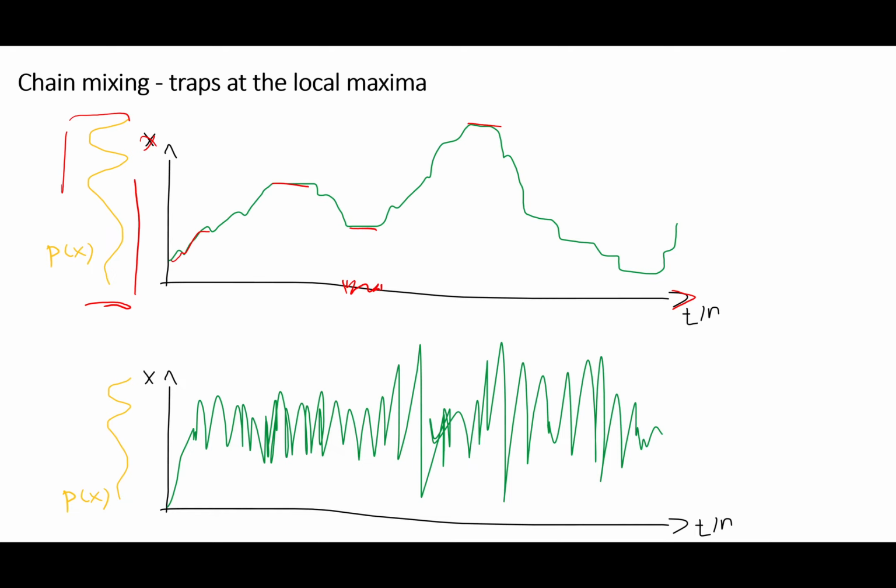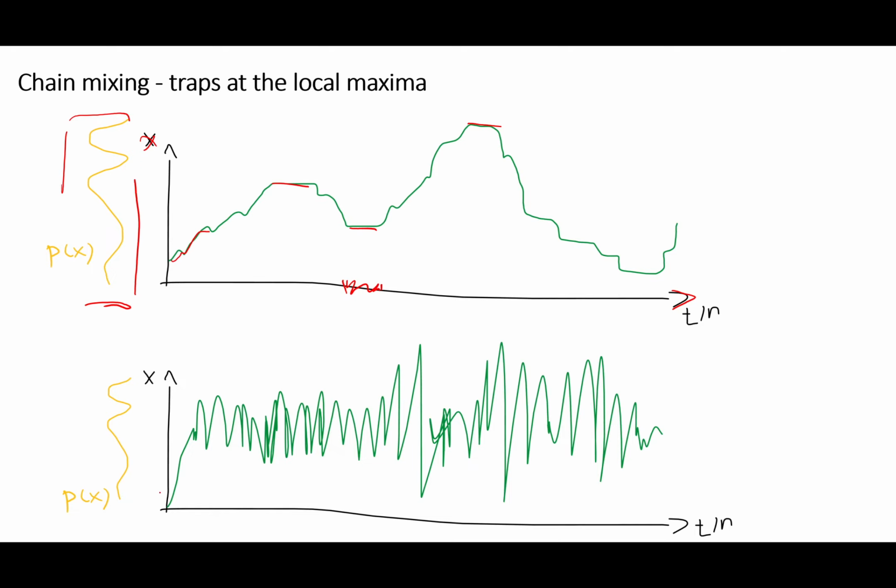Whereas here in the bottom, I have this very wide and wild green line, which represents that I'm not getting stuck at all, and I am sampling from all parts of the distribution.